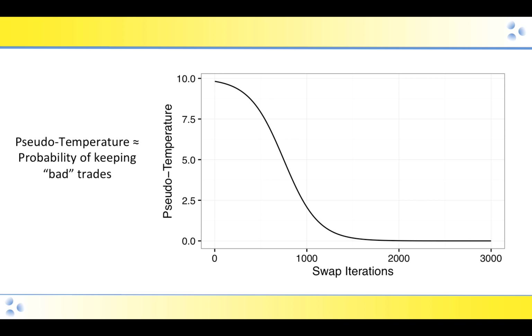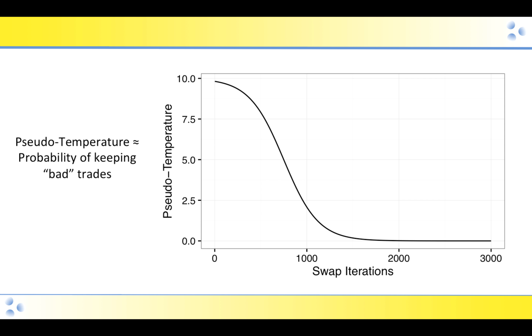What we do is start early on, and what I'm plotting here is the number of iterations that we consider swapping cards, and we'll run all the 3,000 of them. And on the vertical axis, I've called the pseudo-temperature. This comes from a Monte Carlo anneal from solid-state physics. The idea is that if your pseudo-temperature is high, you still might trade even though it's not a good trade. So the probability of keeping bad trades is high early on.